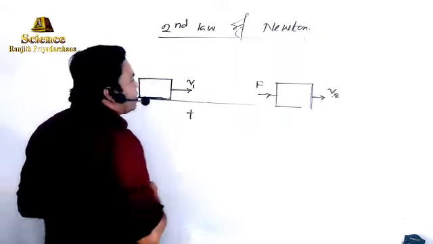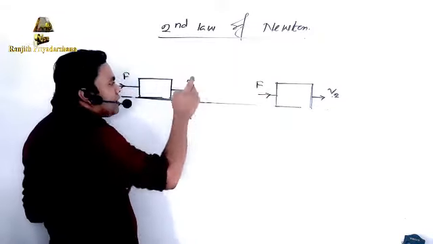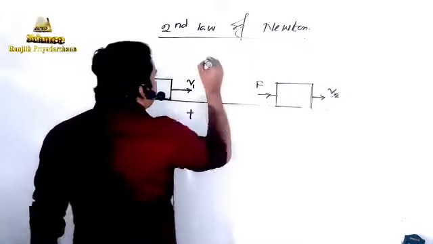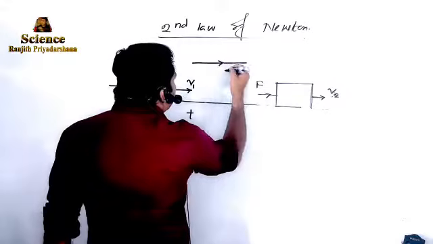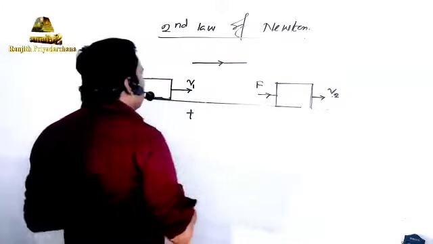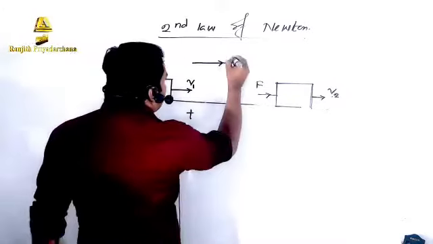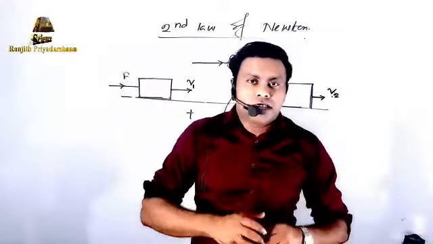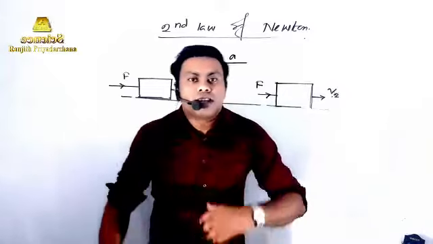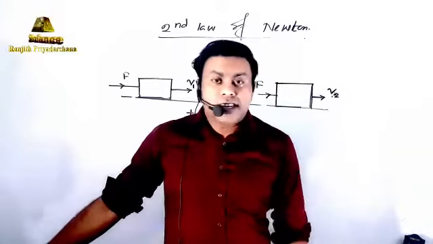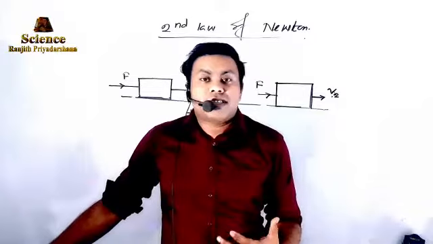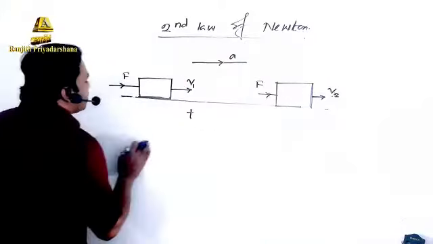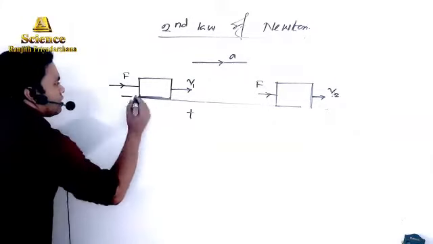As a result, the object's velocity has increased up to v2 from the initial velocity v1. Whatever the change of velocity with time, we call that acceleration. That may be minus or plus. If it is a minus acceleration, definitely that's a deceleration. If it is positive, that's an acceleration.